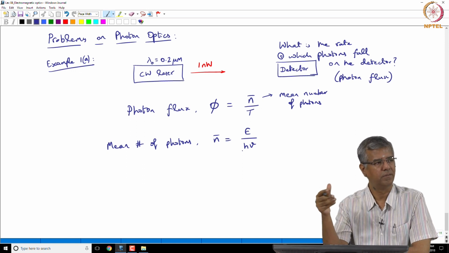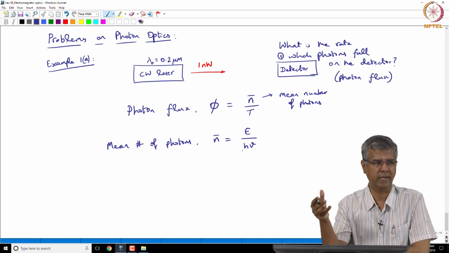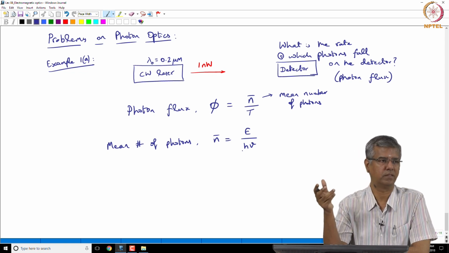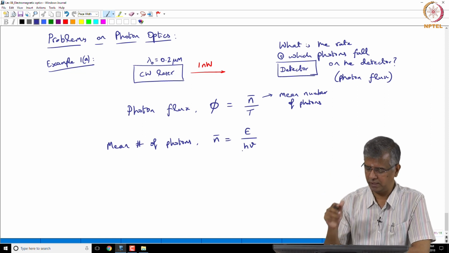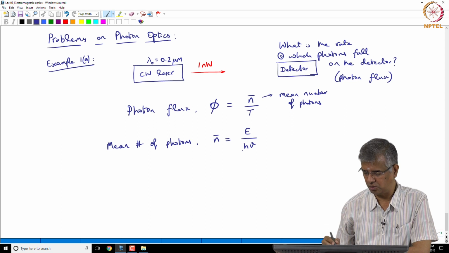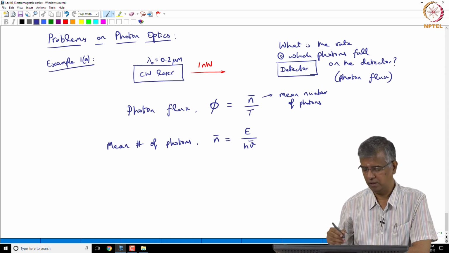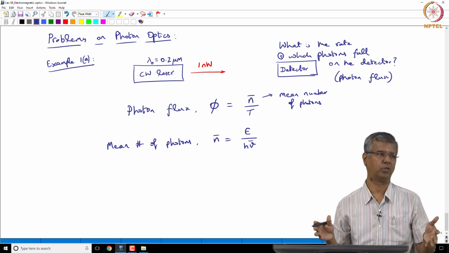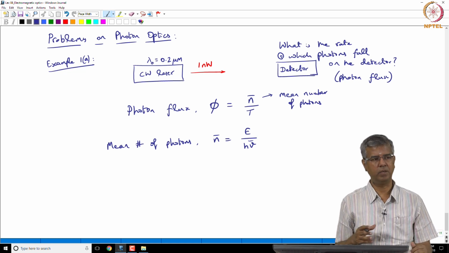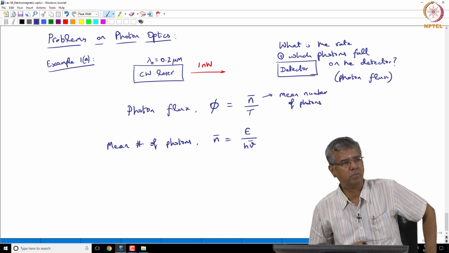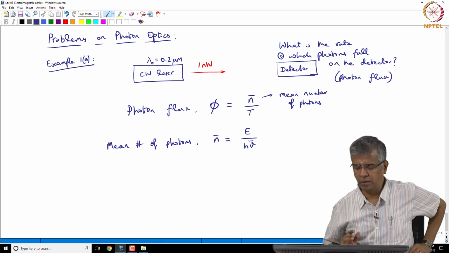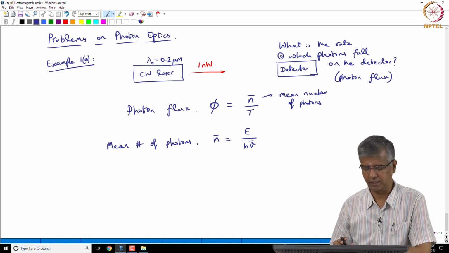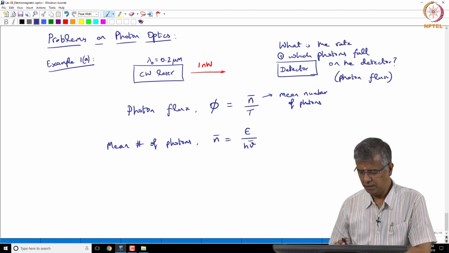Of course, I say h nu, but I may also use h nu bar. Where would I use that? If I am given a broadband source, like what we were looking at yesterday, maybe your source has multiple frequencies in it, and then you have a central frequency. That center frequency you may take as nu bar.